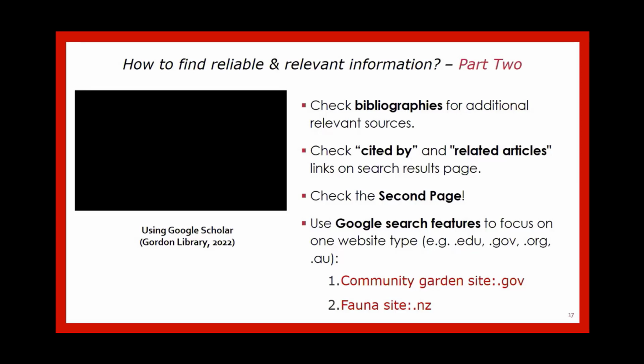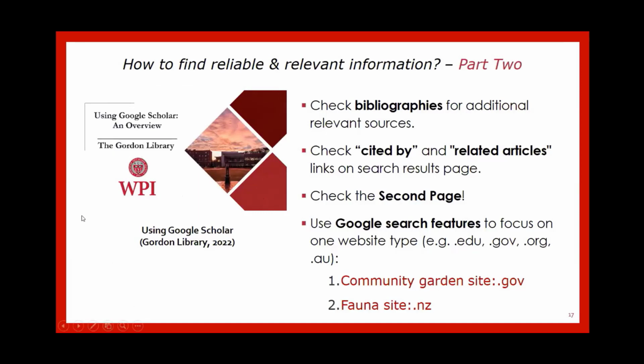So that local aspect of information that you need to collect, this can be one of the very good ways to do that. They're not all going to be scholarly resources, but they're all going to be coming from that country. So it could be scholarly, it could be regular magazine, it could be newspapers, it could be a nonprofit site, but they're all going to come from your location. Here's another video that you can take a look at. Again, quick, showing you how to use Google Scholar and some of its advanced features.